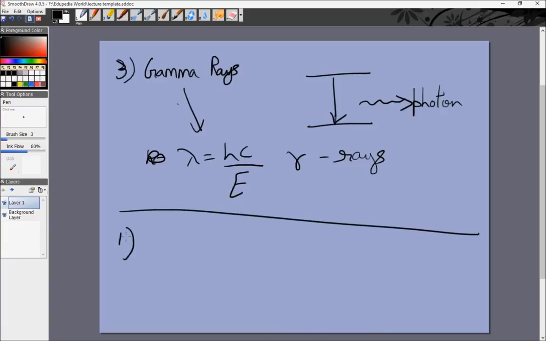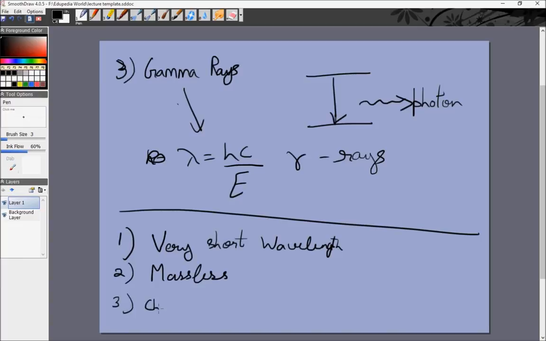Most of the properties you already know because gamma rays are basically photons. They are electromagnetic radiation of very short wavelength. Unlike alpha and beta particle, they are massless particles because we already know photons do not have any mass. Also, they are chargeless because photons are chargeless.